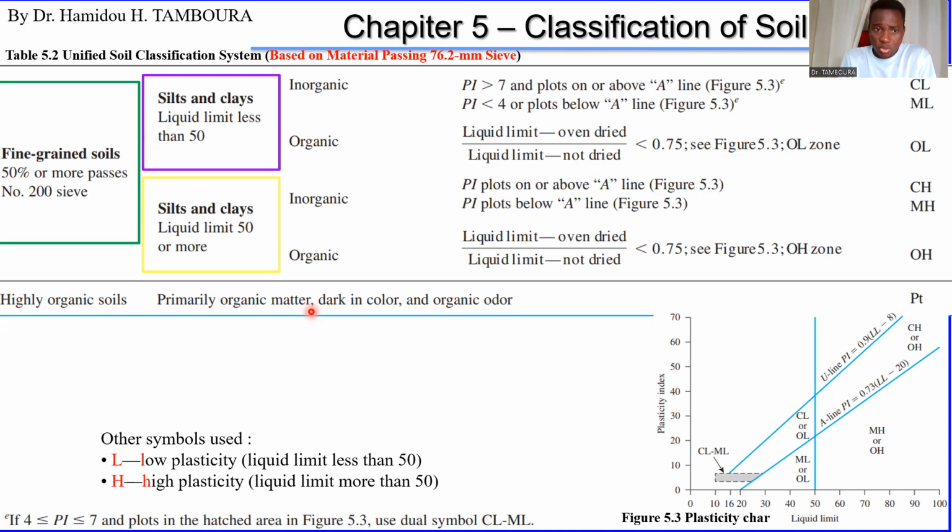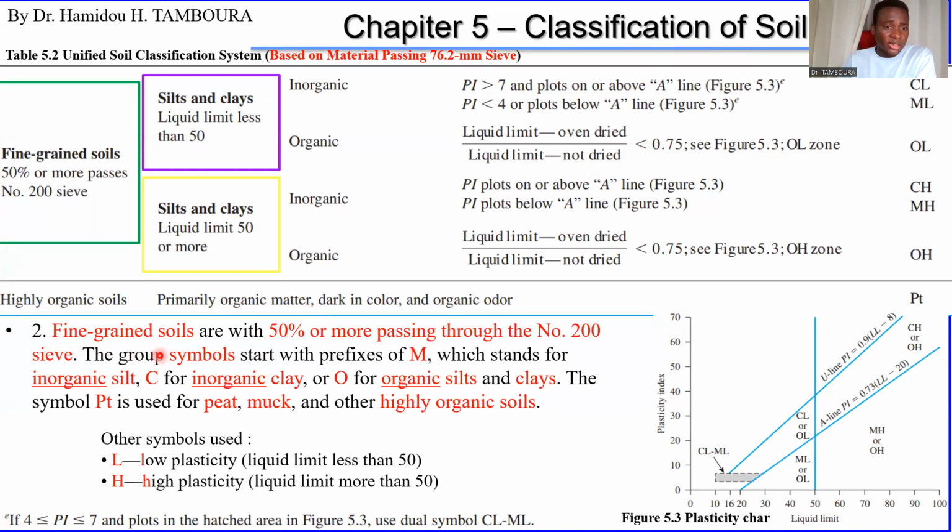For this kind of soil, you just see it and you know already that this is peat, because it has a lot of vegetation in it. The soil is just vegetation. So we call it peat. So primarily organic matter, dark in color, and organic odor. It smells also.